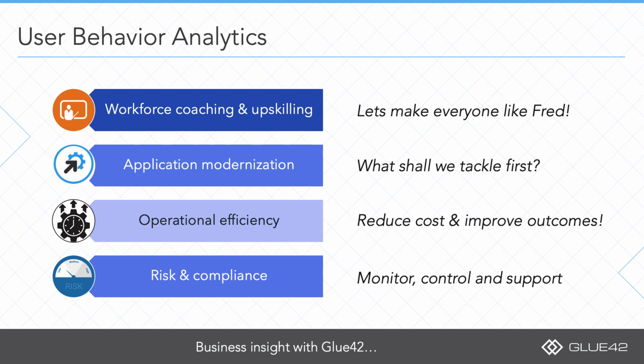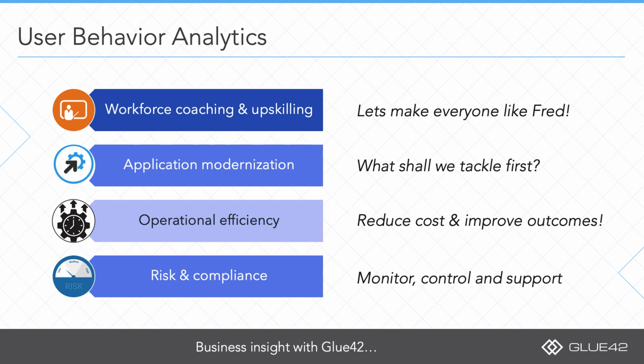provide. So, for example, if you happen to know that in a trading desk, Fred is the best trader because Fred delivers the best outcomes for the business, then the next immediate question is, well, what's Fred doing that others are not?